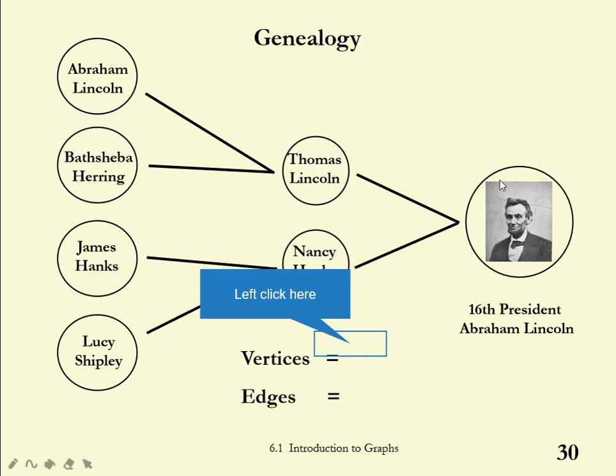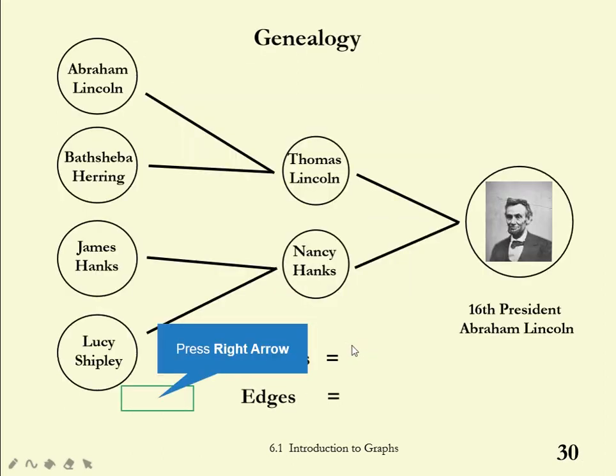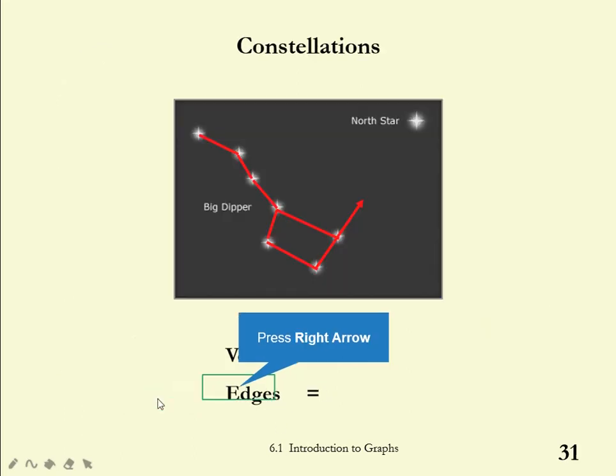I infer that these are vertices. How many vertices are there? 1, 2, 3, 4, 5, 6, 7, so 7 vertices. How many edges are there? These are the edges that connect the vertices: 1, 2, 3, 4, 5, 6. So 6 edges are there.